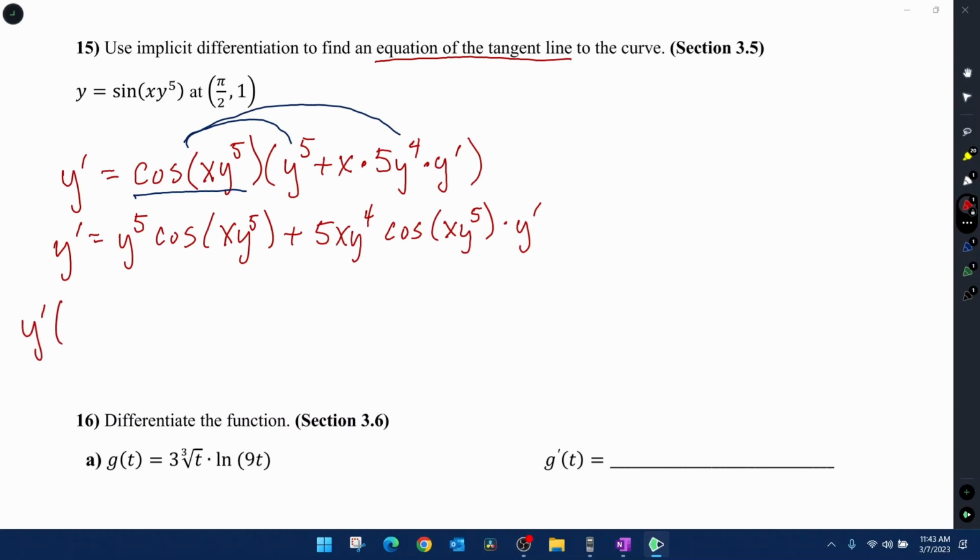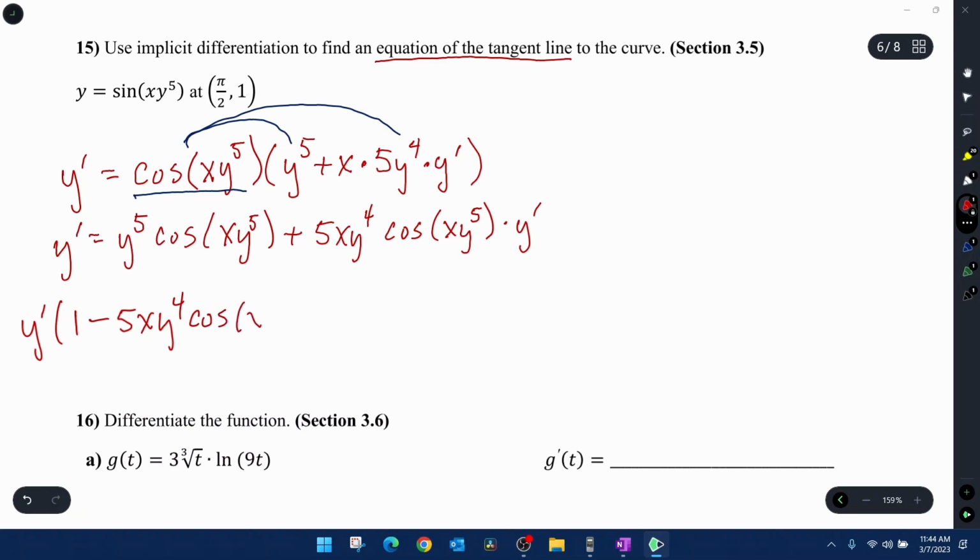Now, did y'all hear me say that when I move this term over, I'm going to factor out the y prime? Do you see this term is simply y prime? What do I have left if I factor a y prime out of this guy? 1. So I'm going to have a 1 minus 5x y to the fourth cosine of x y to the fifth.